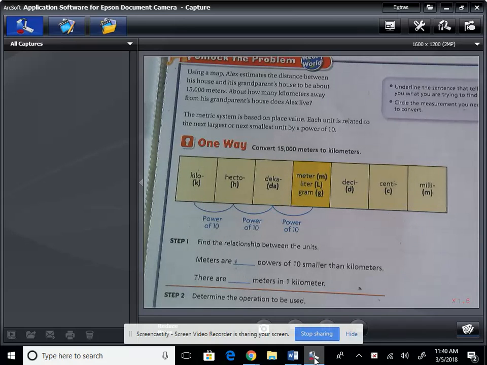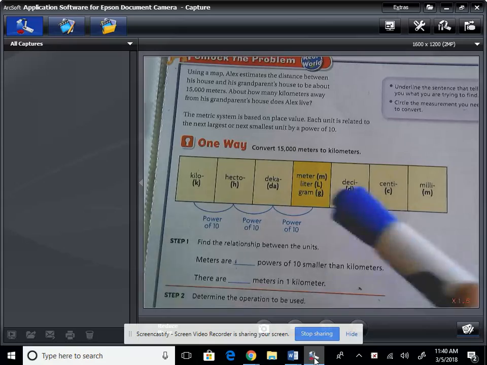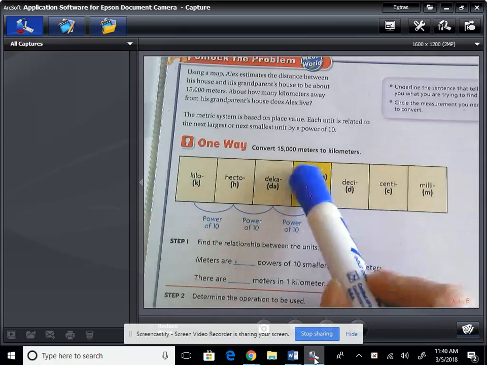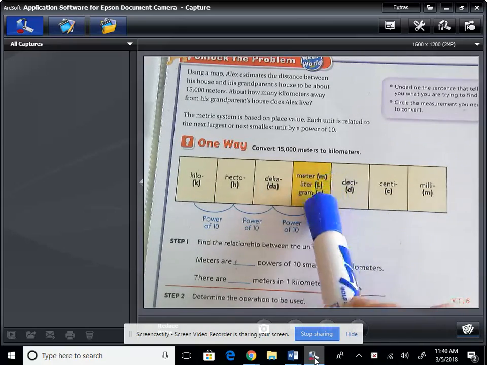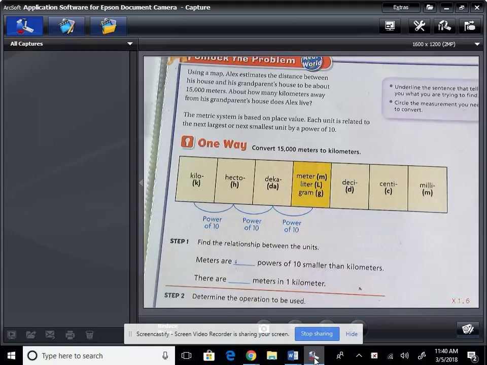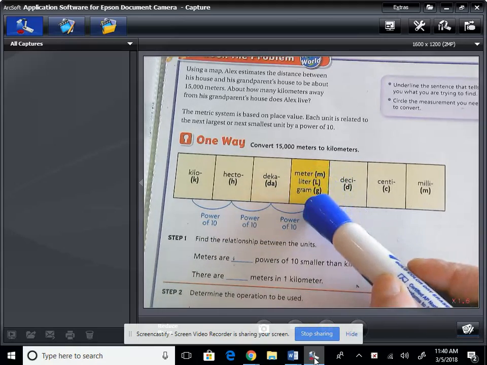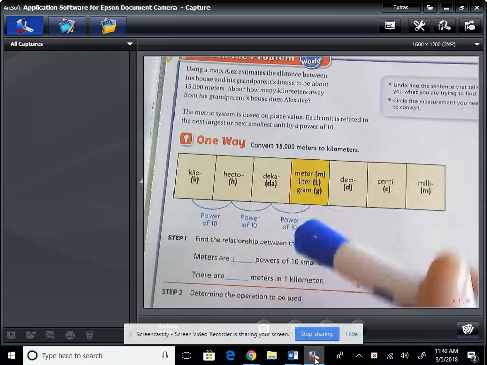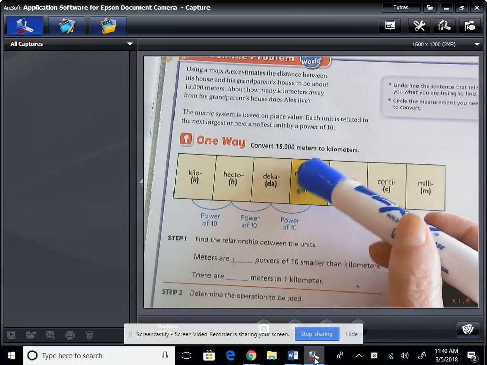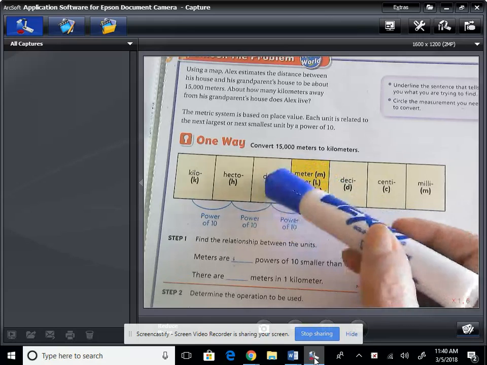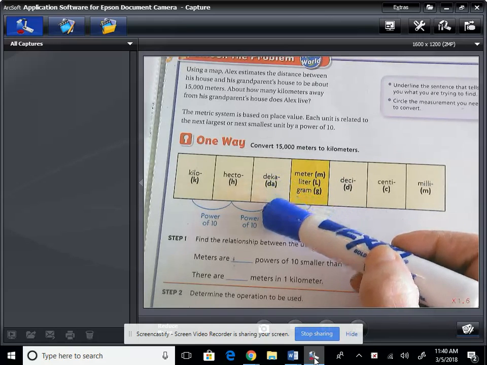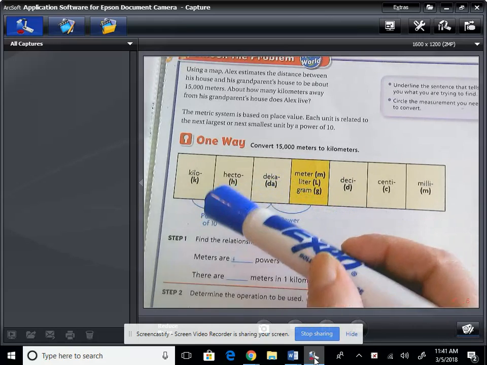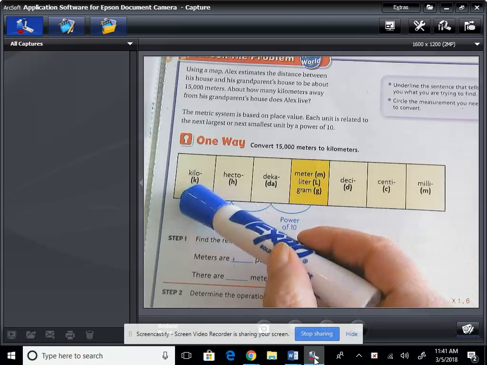So let's just look at this first. Meters, liters, and grams are our basic measurements here. So from meters, liters, or grams, that's why it's called a kilometer. So we're talking about meters. The next one that we go to is a decameter, and then a hectometer, and then a kilometer.